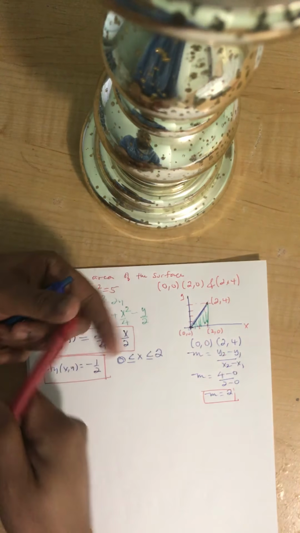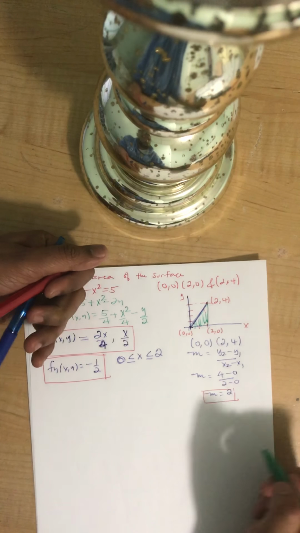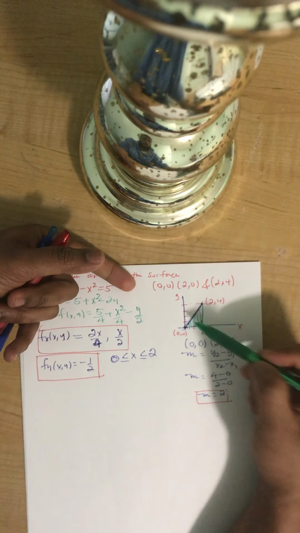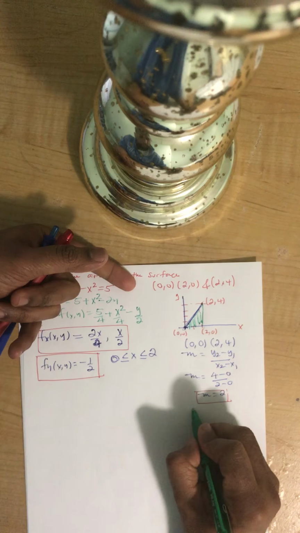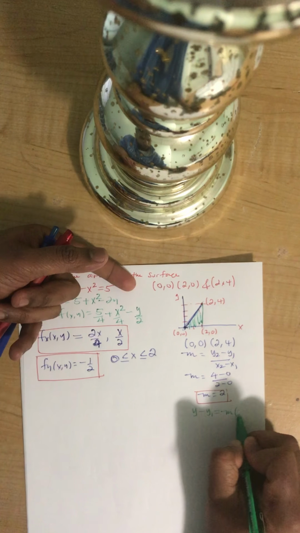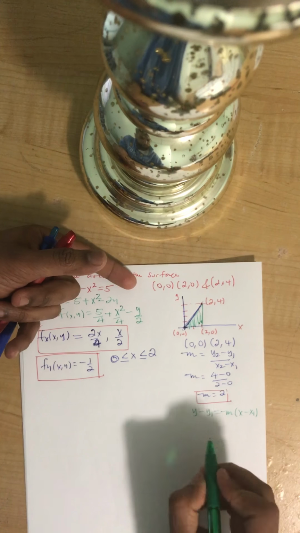Taking (0, 0) as a point, now I can find the equation of this line: y minus y1 equals the slope times x minus x1.